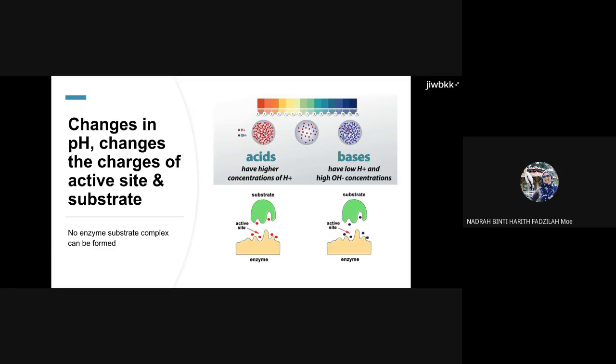Kan? Sebab charge dia sama, positif jumpa dengan positif, jadi it will repel each other. Active site can no longer receive the substrate, jadi tak bolehlah buat enzyme substrate complex. Okay, so itu pasal mengenai pH.